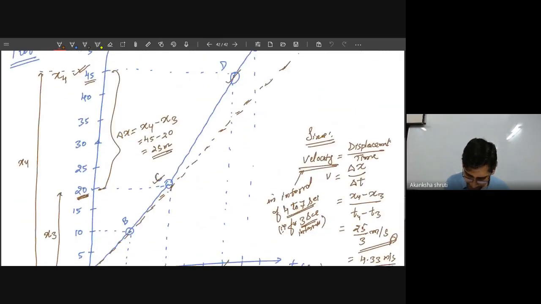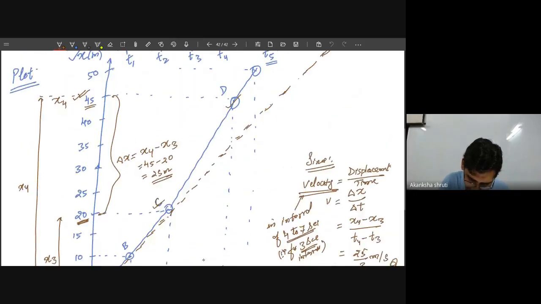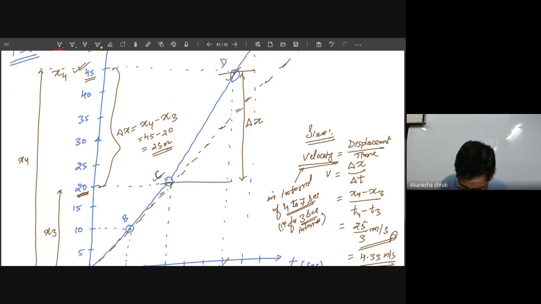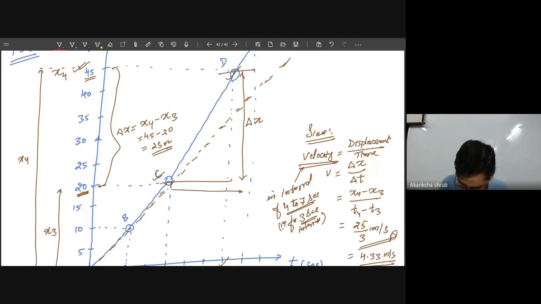Student, from this we are observing, if we write in terms of formula, that on this vertical axis from D to C, this vertical axis is giving us the delta x, okay, and on this horizontal axis from C to D, we are getting the delta t.